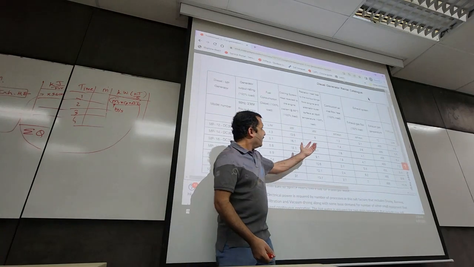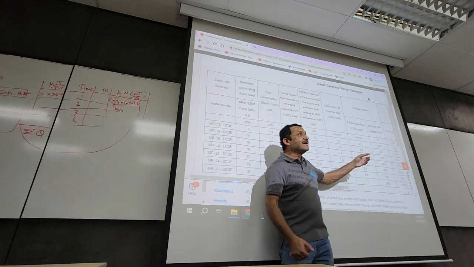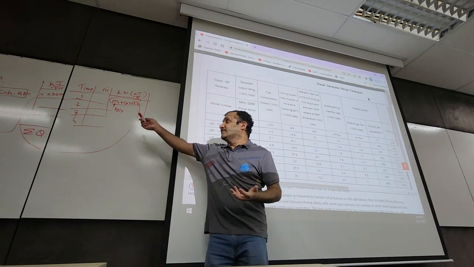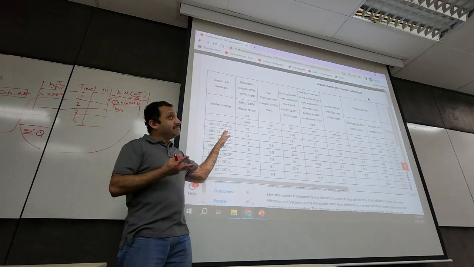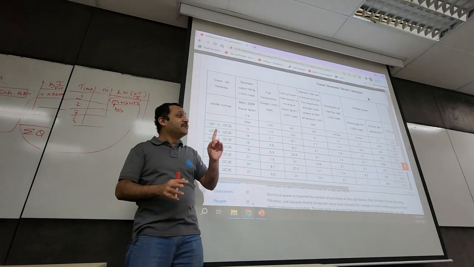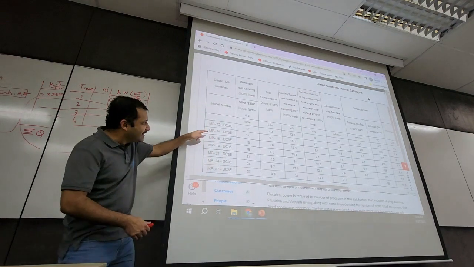So thermal energy in coolant plus thermal energy in exhaust, if that sum is greater than the peak, most likely that generator may be suitable. Likely suitable. It's not confirmed suitable. That's the first step of saying, okay, maybe this is suitable.